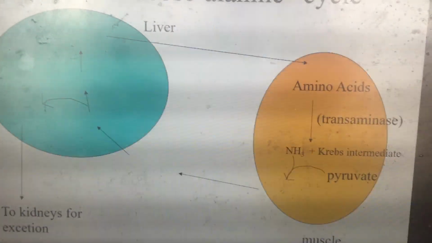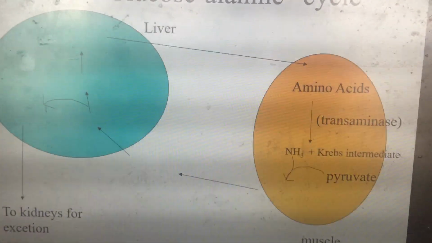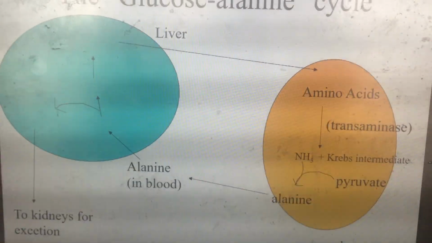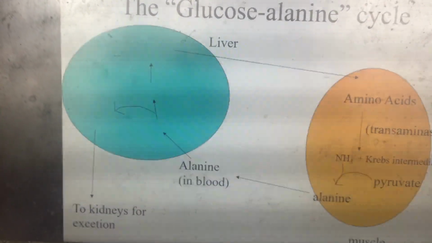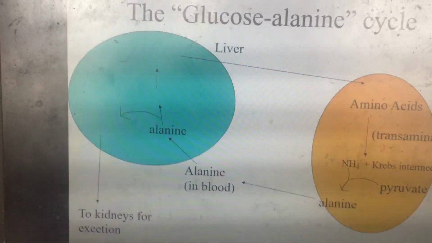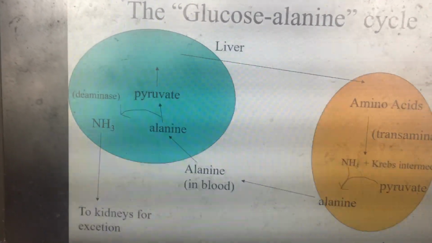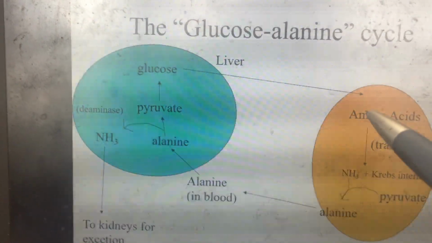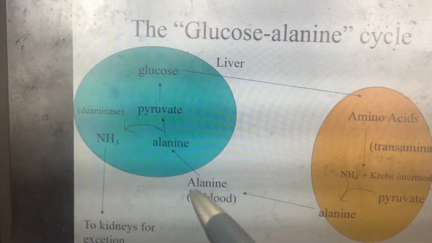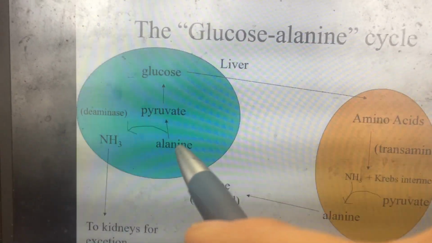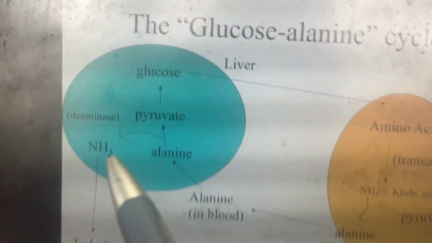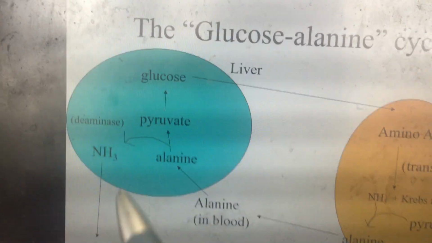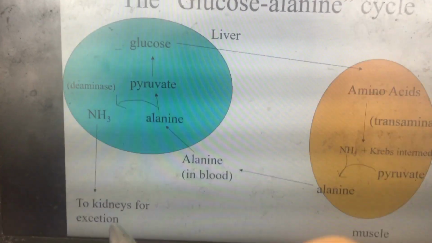When you have pyruvate combining with NH3, you get this amino acid called alanine. Alanine will go into the blood, be taken up by the liver. It can be converted back to pyruvate and then back to glucose. And then that glucose can go back to muscle to be used as an energy source. And then within the liver, you get the NH3 that's taken off by this deaminase, and then it's excreted in the urine.